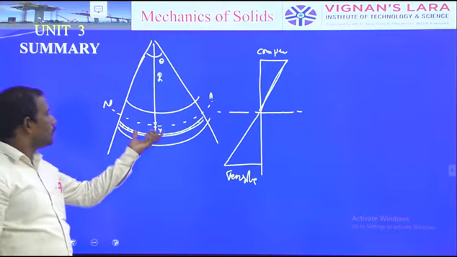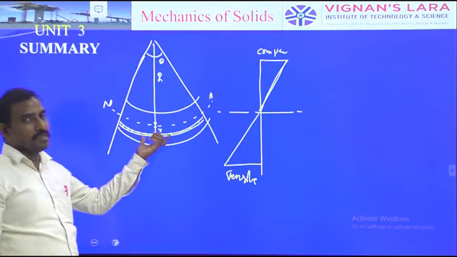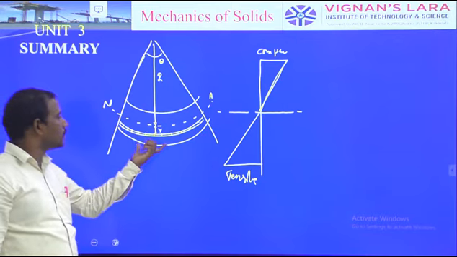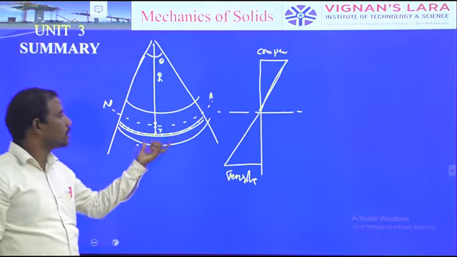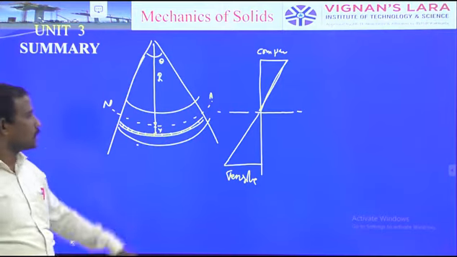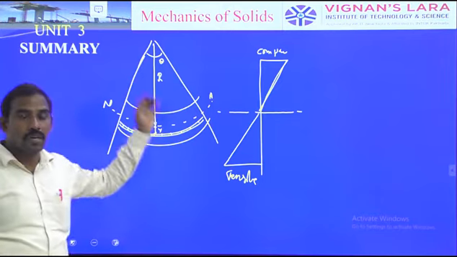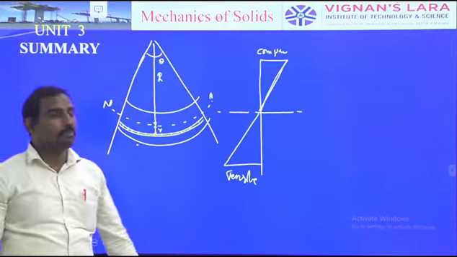Simply, whenever a bending moment is acting on or induced on a body, there is an increase in length, which results in tensile stresses being induced below the neutral axis, and compressive stresses are induced due to the bending moment caused by the transverse load applied on the beam.